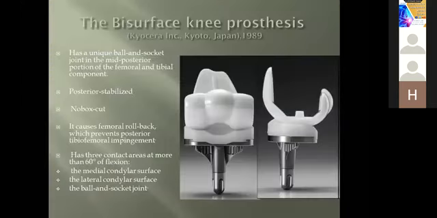Posterior stabilized designs. This is one of the designs, the bisurface knee prosthesis, introduced during early 2001 and 2002. It has a unique ball and socket joint articulation, mid-posterior portion of the femoral and tibial component. It is posterior stabilized. It treats the knee joint as 3 joints: tibiofemoral medial joint, tibiofemoral lateral joint, and patellofemoral joint.